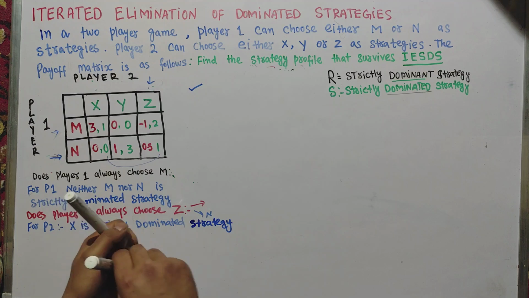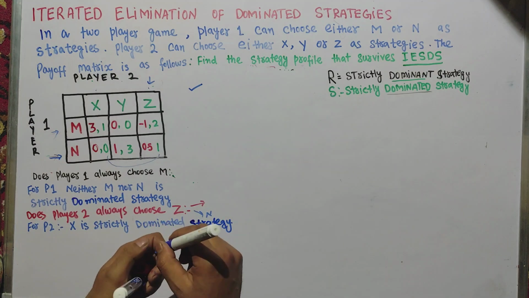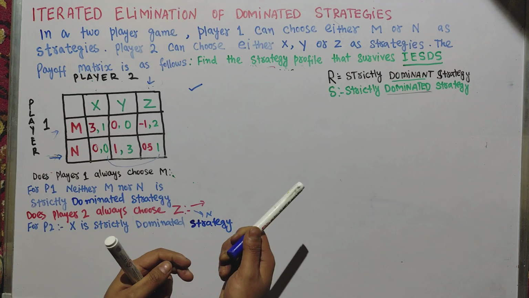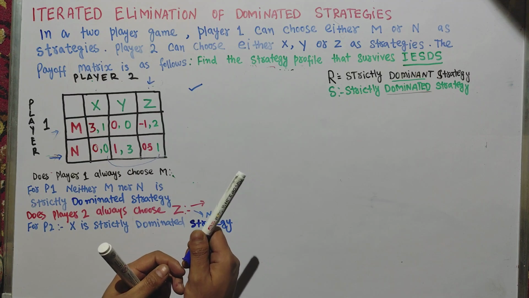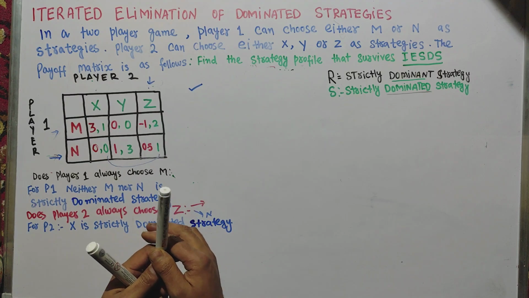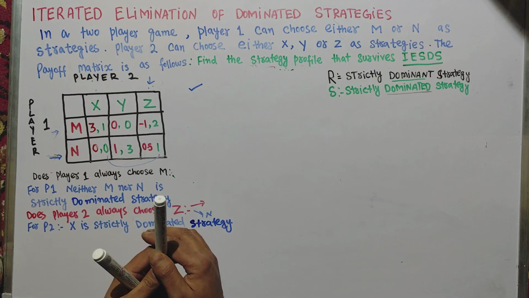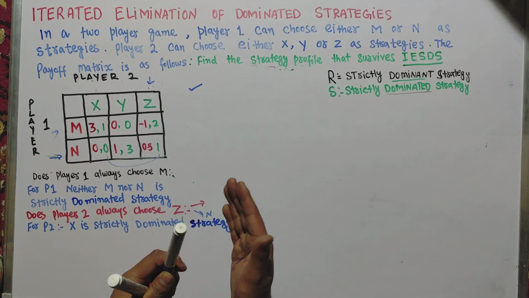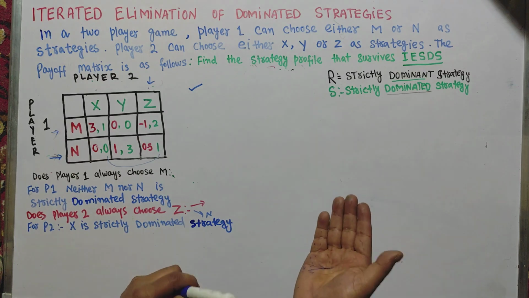Now we know that player 2 is rational. In iterated elimination of strictly dominated strategies, it is assumed that both the players are rational and each player knows that the rest of the players are also rational.